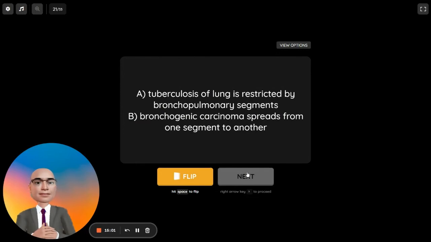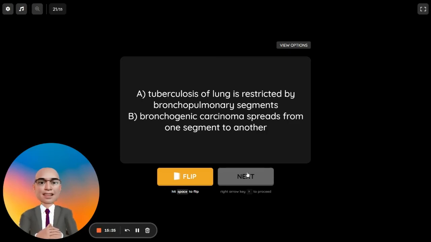Now, again, there is a true and false type of question about bronchopulmonary segments. This is again applied anatomy of bronchopulmonary segment. Statement A: tuberculosis of lung is restricted by bronchopulmonary segments because of their segmental nature. And statement B: bronchogenic carcinoma spreads from one segment to another.